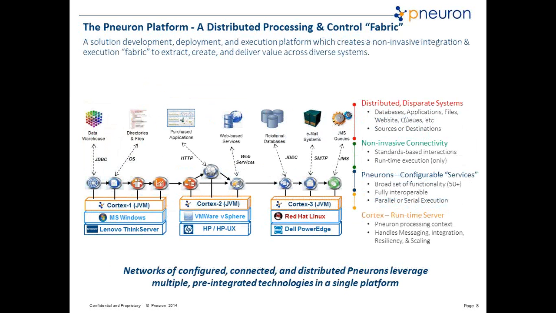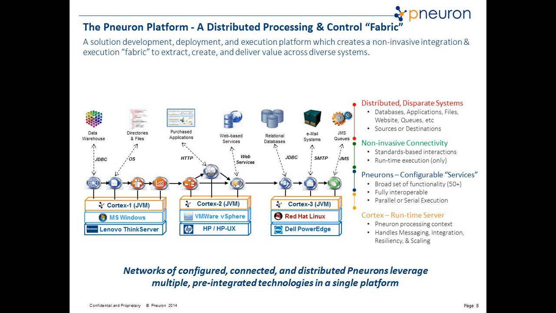So let's talk a little bit specifically about the Neuron Platform. As I said, think of it as a distributed processing and control fabric. We are fundamentally a development, deployment, and execution platform. And we overlay these diverse set of sources, but we are not invasive to those sources. We don't require agents to be installed on those source systems.